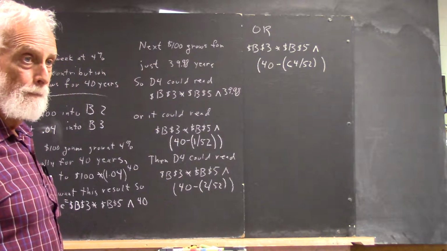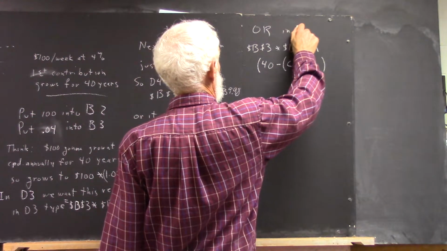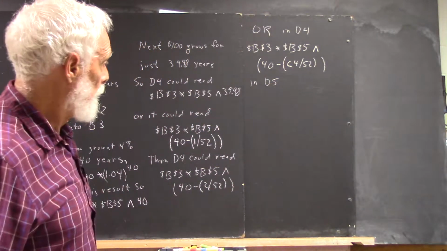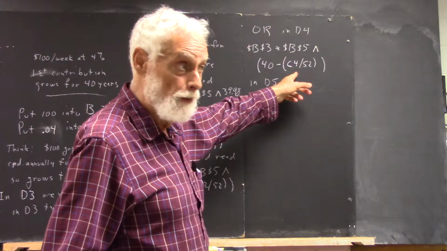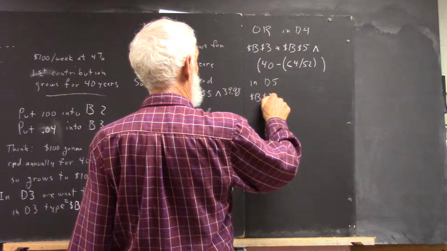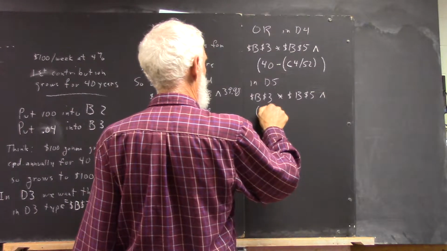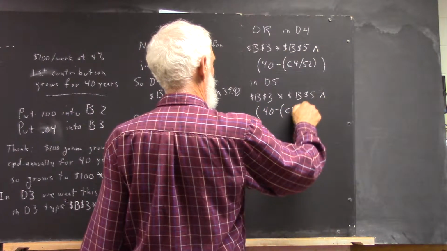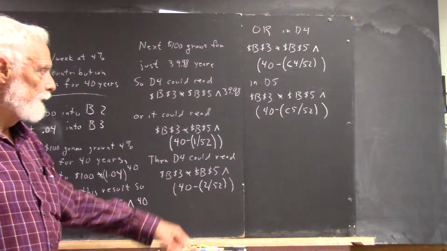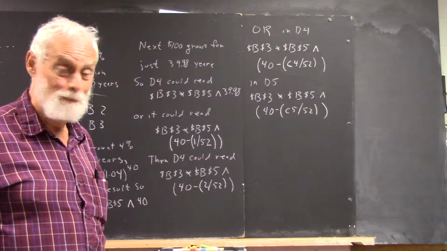So you put that in D4, and in D5 it'd be identical except you'd use C5, right? Well, that doesn't seem to be an advantage over this because it takes longer to type in C4 and C5 than it does 1 and 2, right?